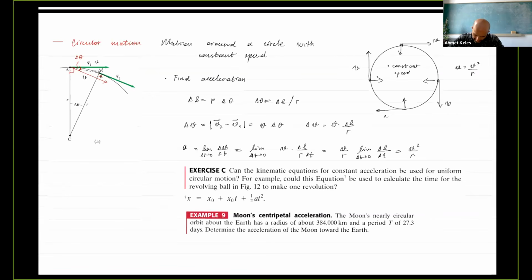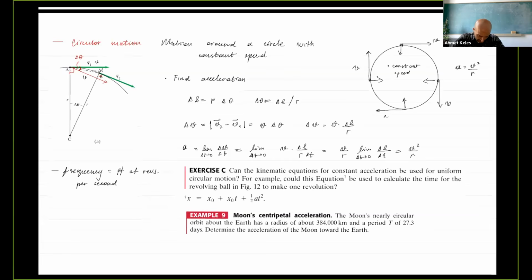So let me just define a couple of things related to circular motion. One thing is frequency. Frequency, by definition, is the number of revolutions per second.